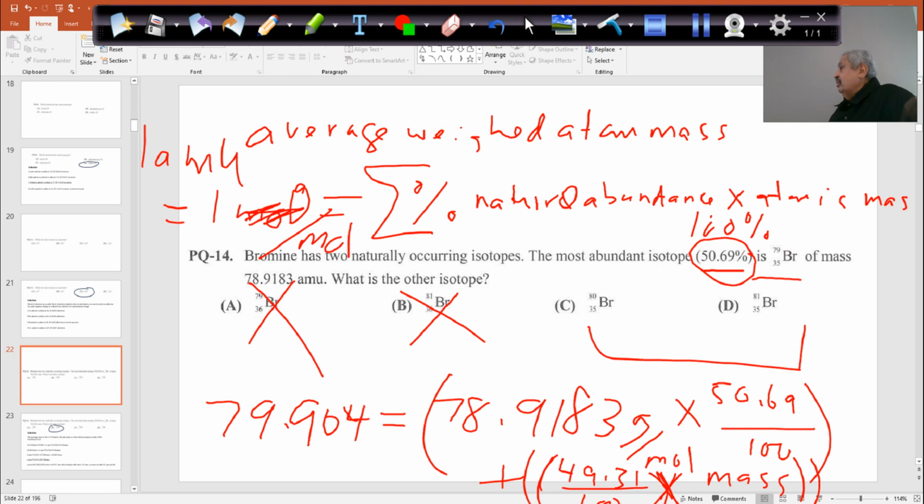Which one do you think will be 80 or 81? It's giving you two options, 80 and 81. That's the mass itself, and that's what we use here, correct? So you can calculate it to get the value there.